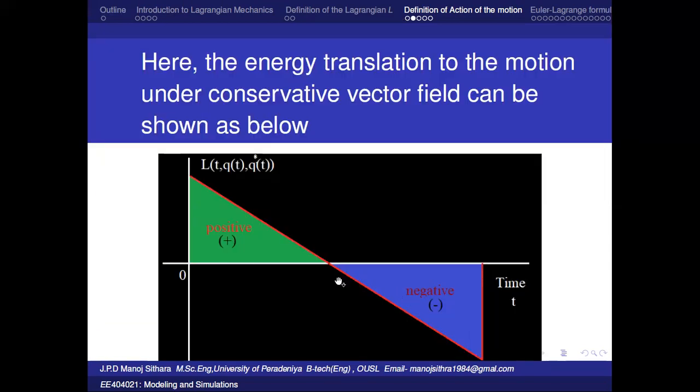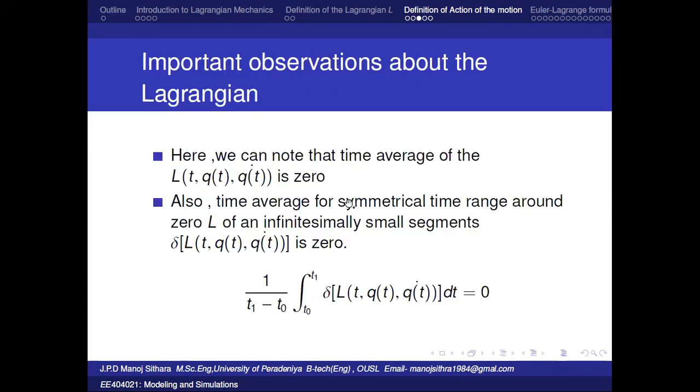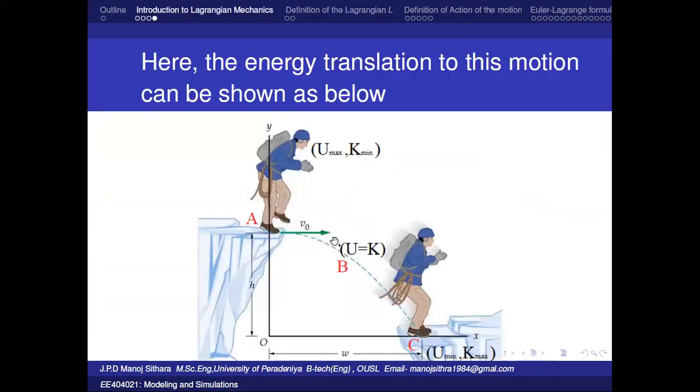So for every motion, for example, if we throw a stone like this, right? For example, if we consider a stone thrown toward the sky, then at the beginning there is a high kinetic energy, and it will suddenly become no kinetic energy at all. Everything is stored into the potential energy.